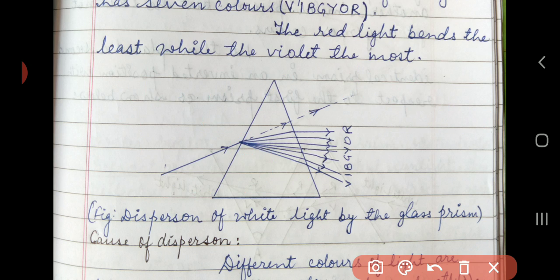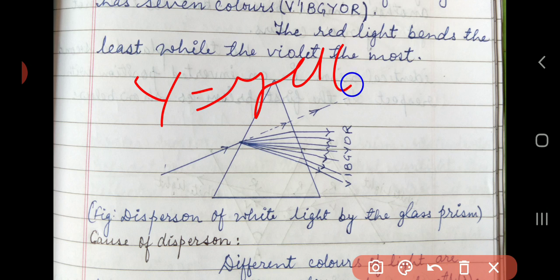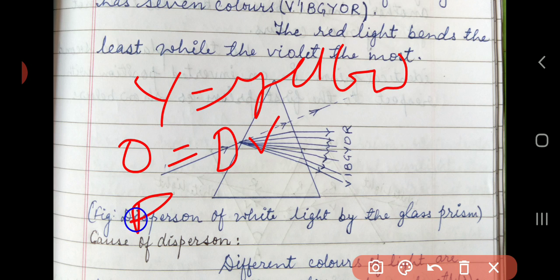Similarly, Y stands for yellow, O stands for orange, and R stands for red. So this is the acronym for the different colors.